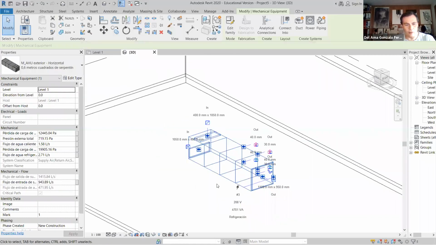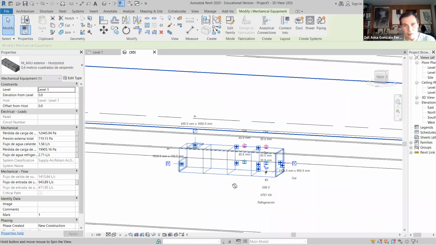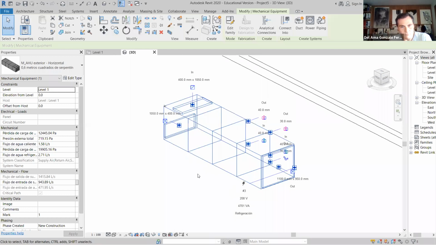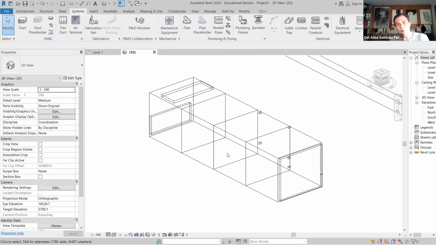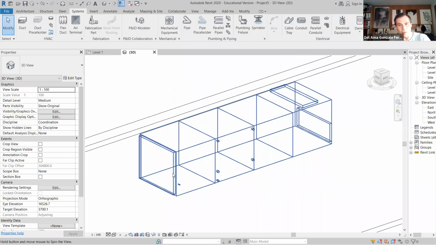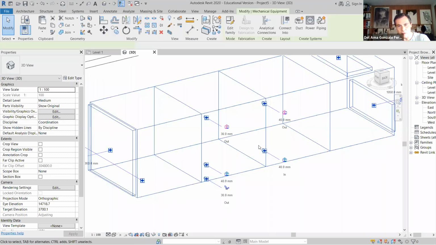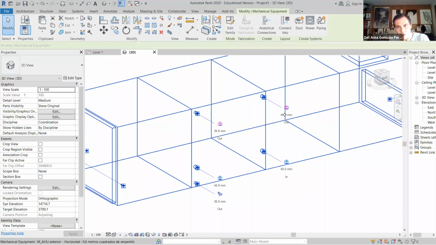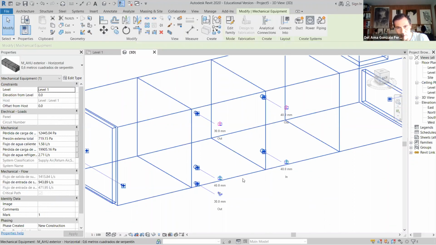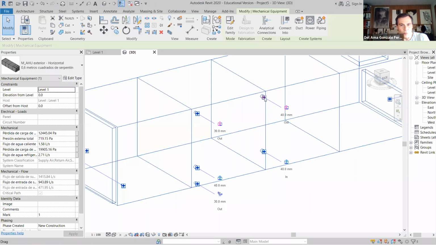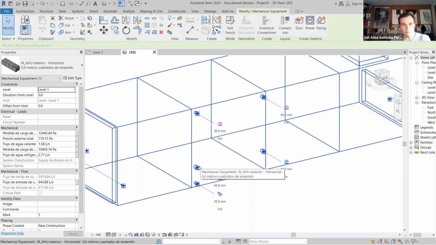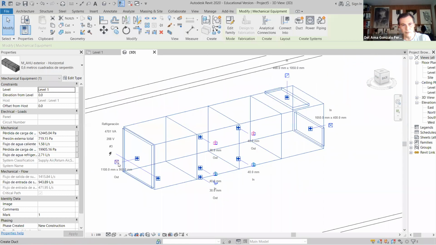But this is the actual thing, so air handling units are like this. They are boxes with all these things. And these are the coils. You see that here we have two things. This is the water outlet, water inlet, outlet. So those are two coils. One would be the heating coil and the other one would be the cooling coil. And these are the air ducts.